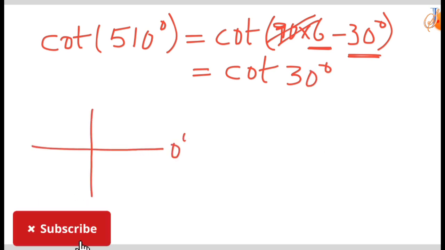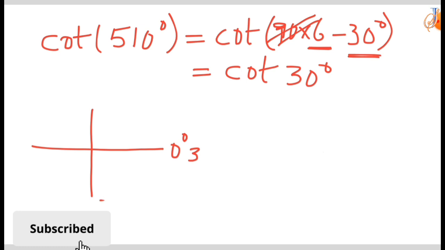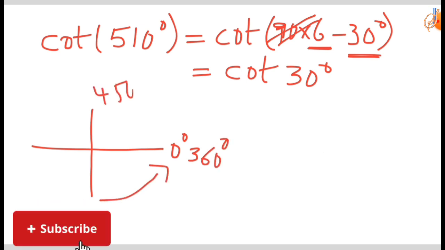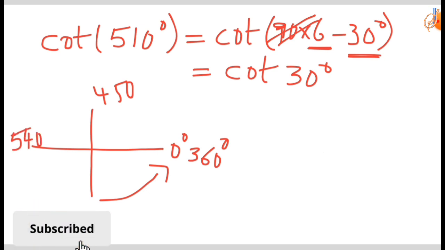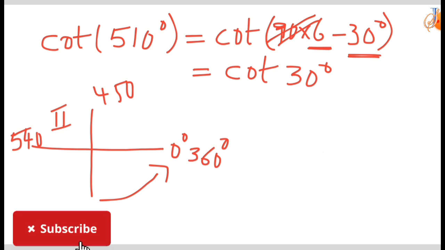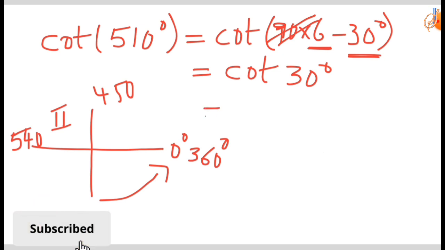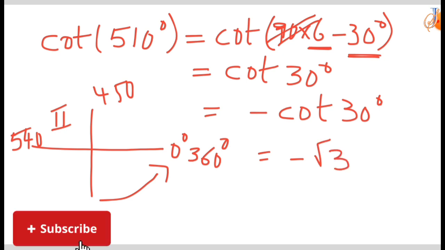This is 0 degrees, after one circulation this is 360 degrees, after that this is 450 degrees, and this is 540 degrees. So 510 lies in the second quadrant. In the second quadrant only sine and cosec are positive, cot value is negative. So minus cot 30, the value is root 3. So cot of 510, the value is minus root 3.